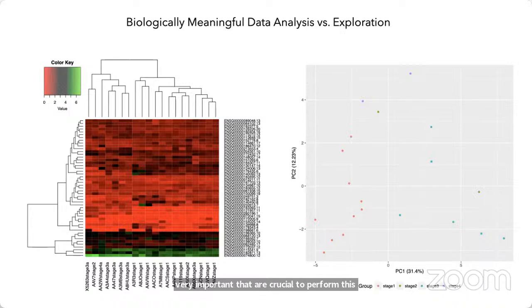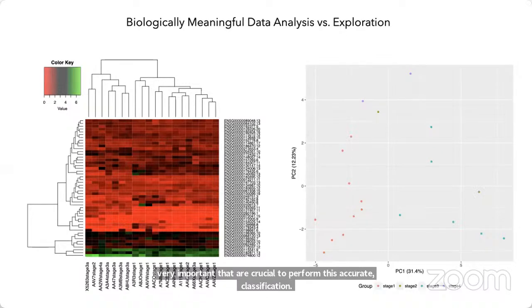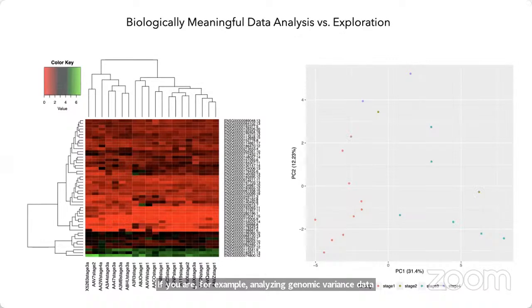If you are, for example, analyzing genomic variant data, the machine learning model or unsupervised clustering that you have built should actually explain which mutations are prominent and very important in classifying these samples into the different clusters that we have identified.